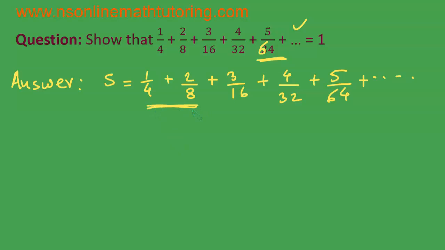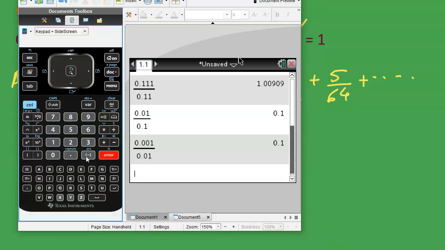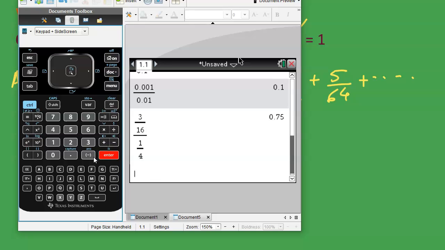So the ratio between the first and the second terms is equal to 1. So what is the ratio between the second and the third terms? 3 over 16 divided by 1 over 4. So it is 3 divided by 16, this is getting divided by 1 divided by 4. Okay. This is equal to 0.75, which is not equal to 1.